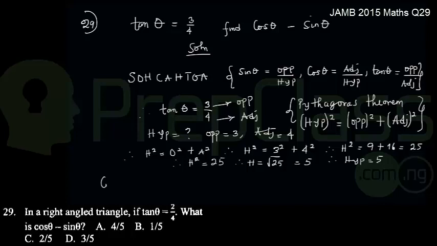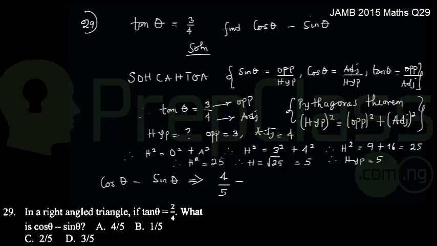The question says we should find cos theta minus sin theta. We realize that cos theta is the same as adjacent over hypotenuse. The adjacent of that particular triangle is 4, and the hypotenuse is 5, so that is 4 all over 5, minus sin theta, which is opposite over hypotenuse.